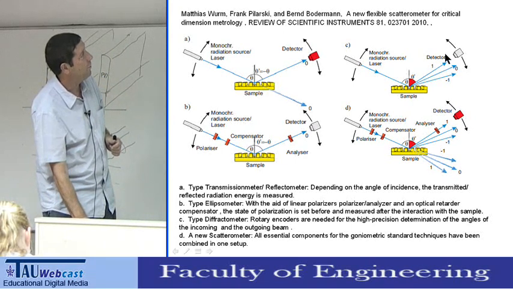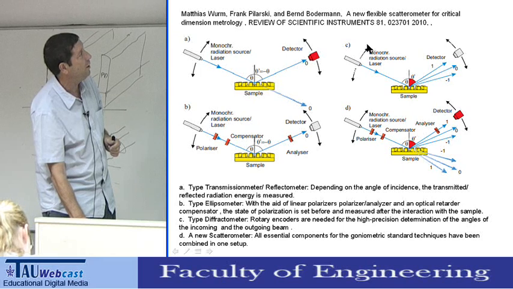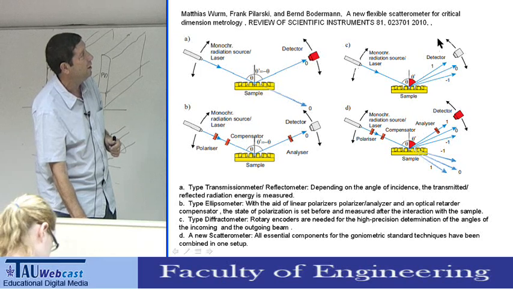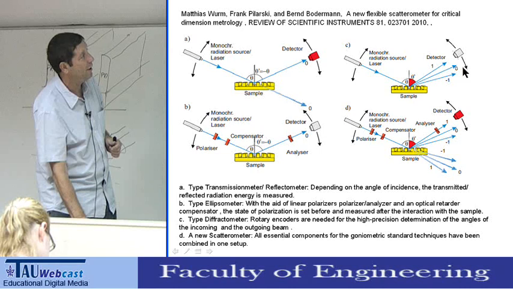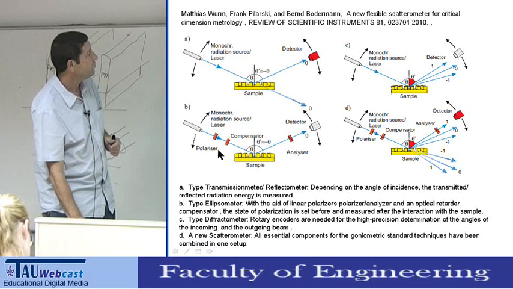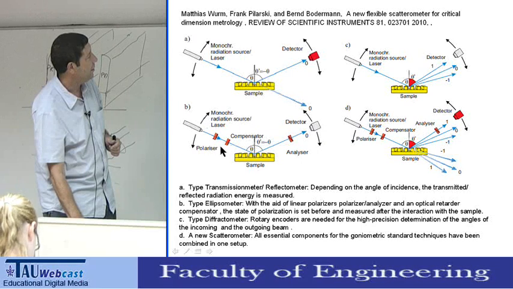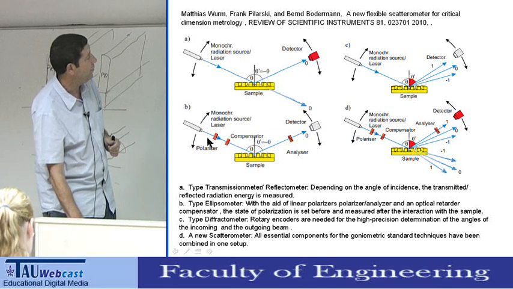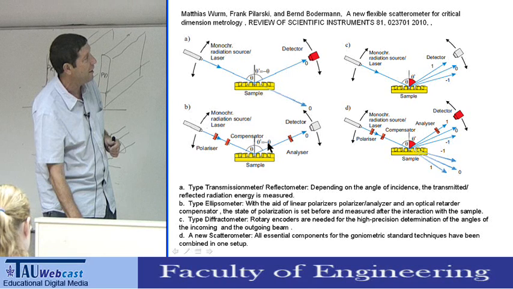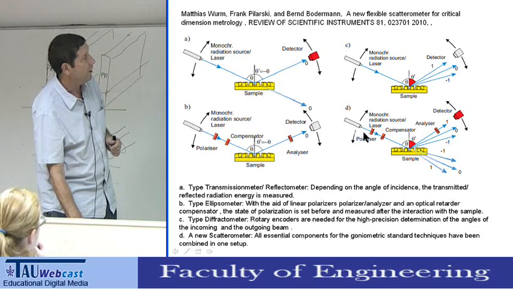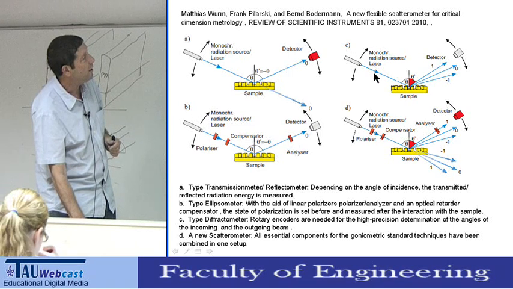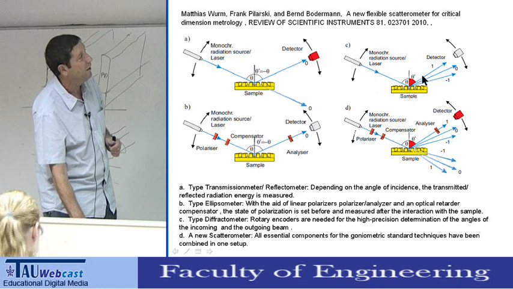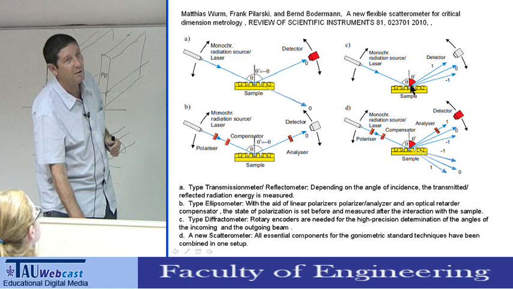And one option is you can actually change the position of the laser, change the position of the collector, or you can, if you can see here, also use a polarizer here to use a polarized light, and an analyzer here. Again, the idea is that you can measure the light intensity by using some optical components inside.